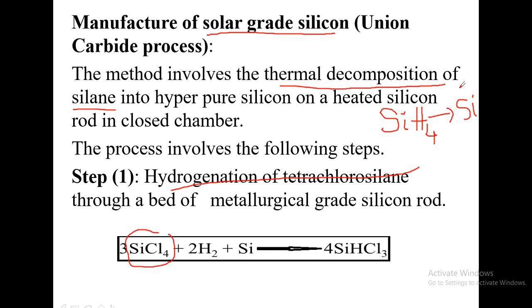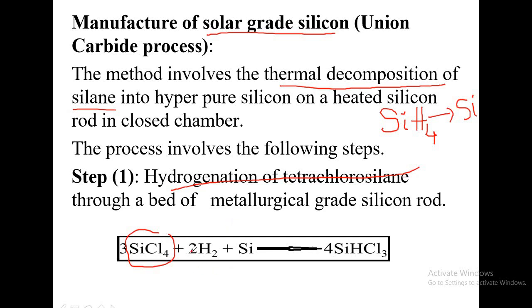Here one point to be understood is that we are not removing the impurities from the metallurgical grade silicon. Without removing the impurities, we are trying to reduce their concentration by enriching the concentration of pure silicon in the rod. The process involves 4 different steps. Step 1 is hydrogenation of tetrachlorosilane. Similar to silane, we are taking a chloro derivative of silane, that is tetrachlorosilane.